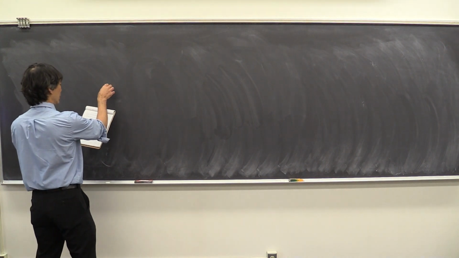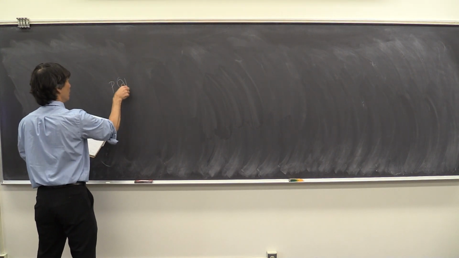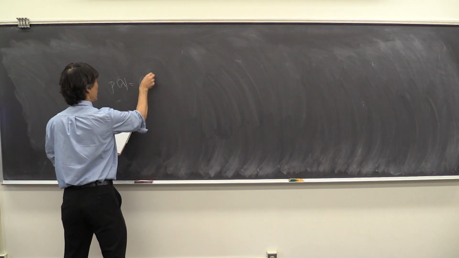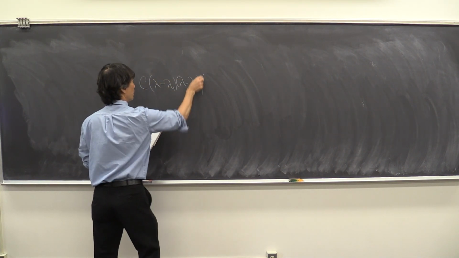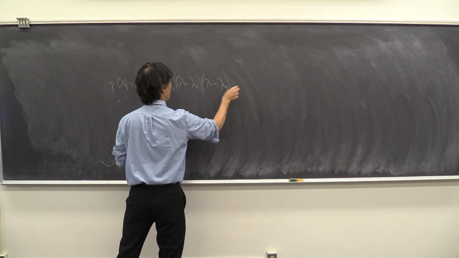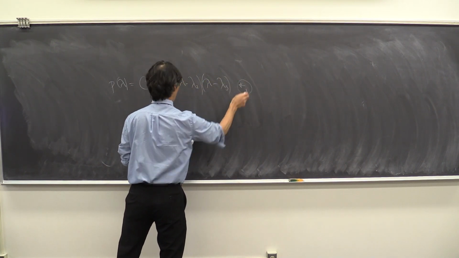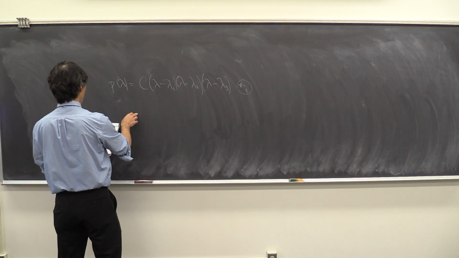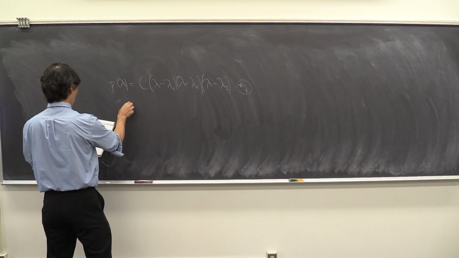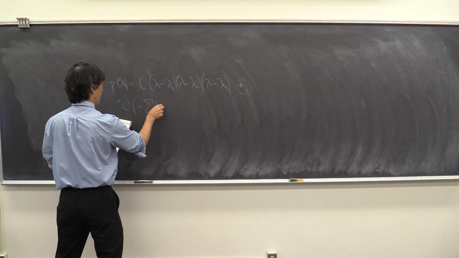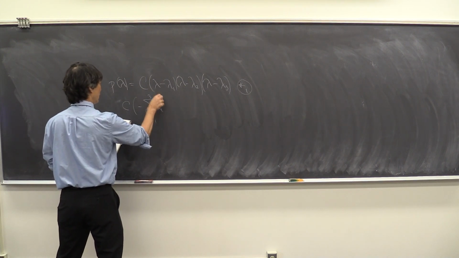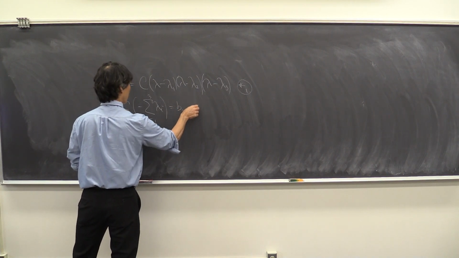So remember we had a couple of things. One, P of lambda is C times (lambda minus lambda 1)(lambda minus lambda 2)(lambda minus lambda 3). We called that star 1. We also had that C times the product of negative lambda i from i equals 1 to 3 was P of 0, and we call that star 2.